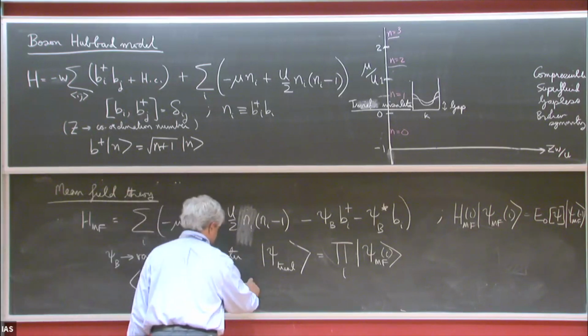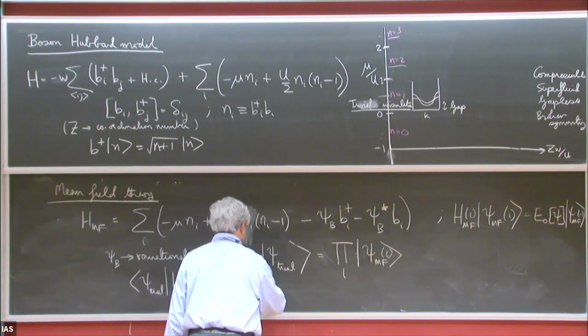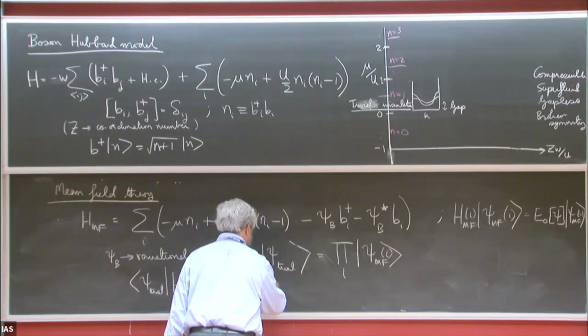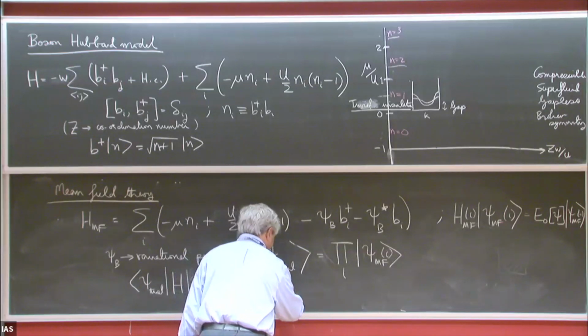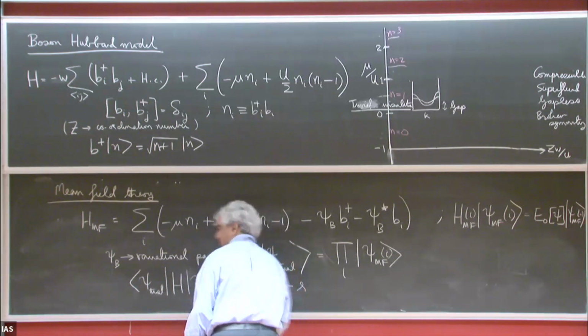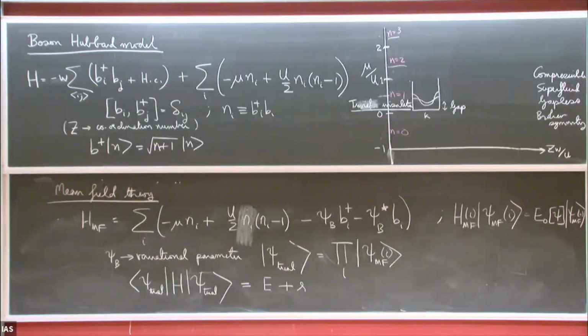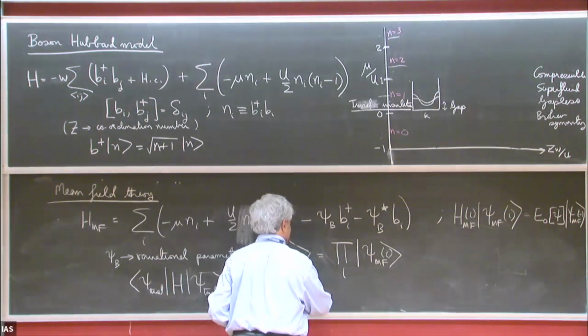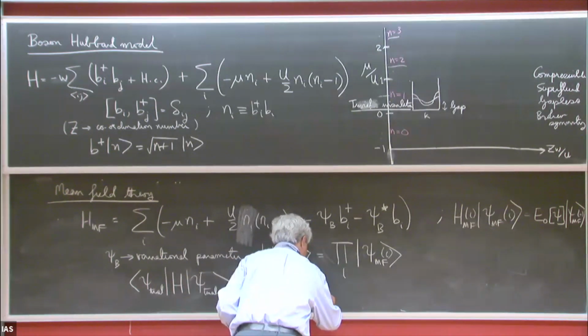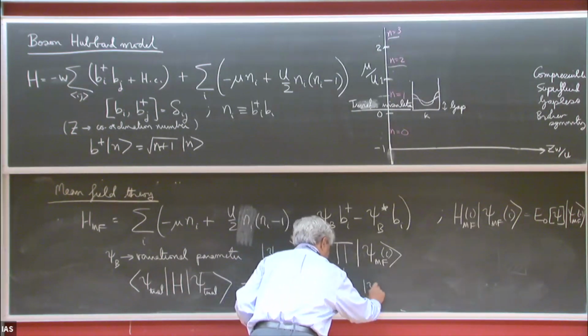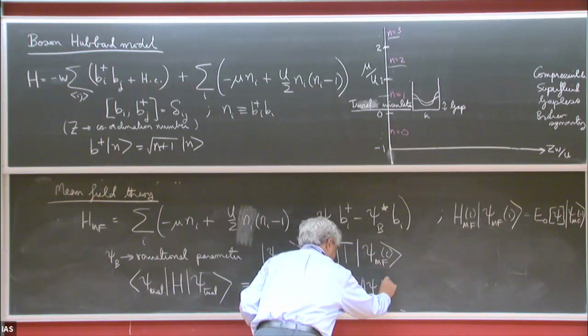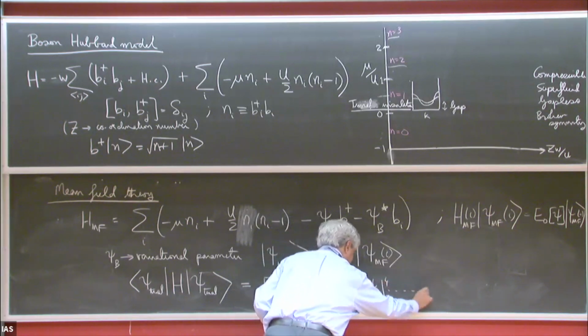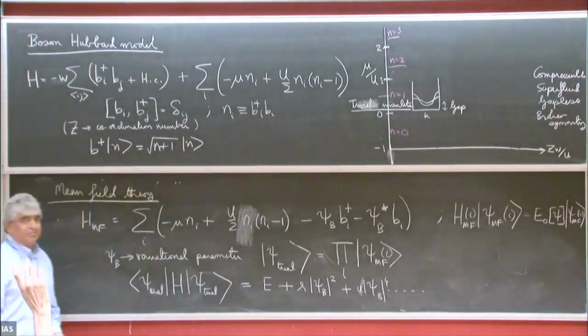So this trial energy I'm going to say is some constant, let's call it E, and then there'll be some terms in the notes, plus R times mod psi B squared plus a term in psi B to the fourth, with coefficient u, and so on. So what we do is we pick a psi B.